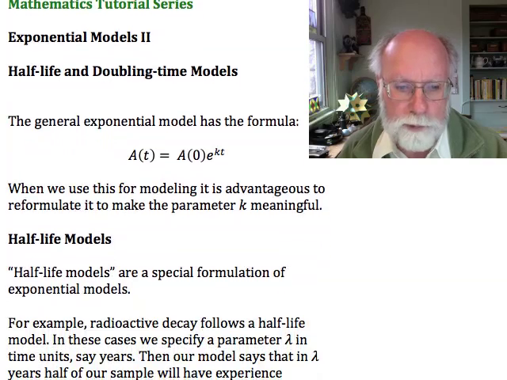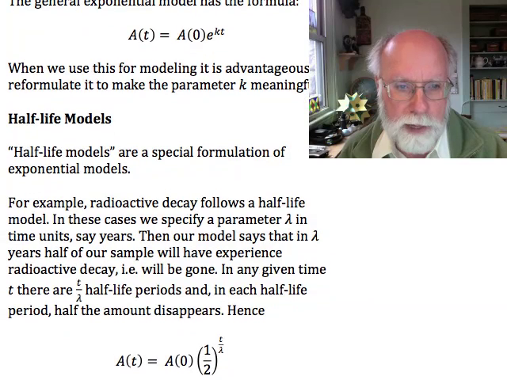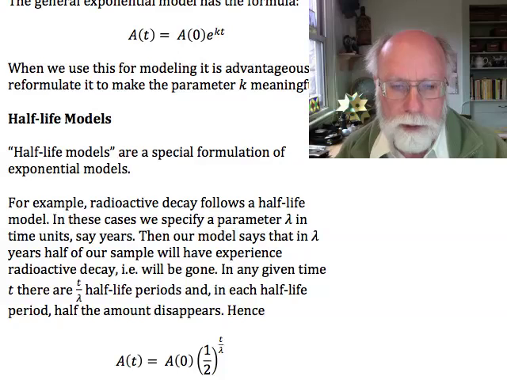One of the ways of doing that is through what are called half-life models. These are actually just special formulations of the exponential model. A good example is radioactive decay.